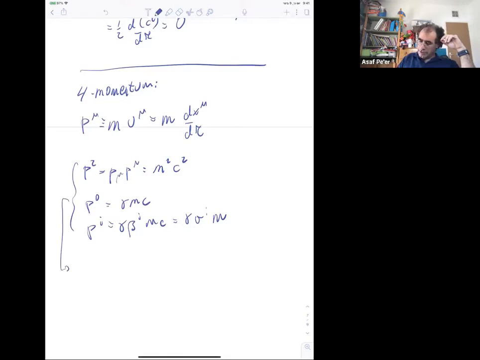Just don't get confused. This is p squared, it's not the second component of p. This is p dot p. This is the zeroth component of p here, and this is the ith component of p, and this is p squared. It's not the second component.